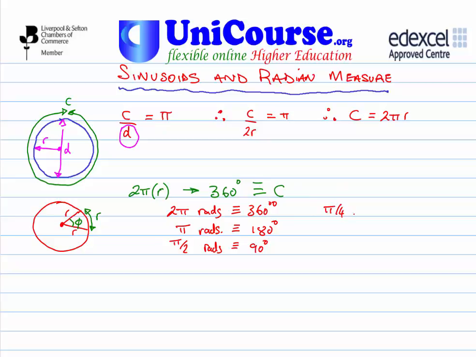Pi by 4 radians is equivalent to 45, of course, degrees. Pi by 8 radians is equivalent to 22.5 degrees, of course, etc., etc. You can go to pi by 16 if you want.